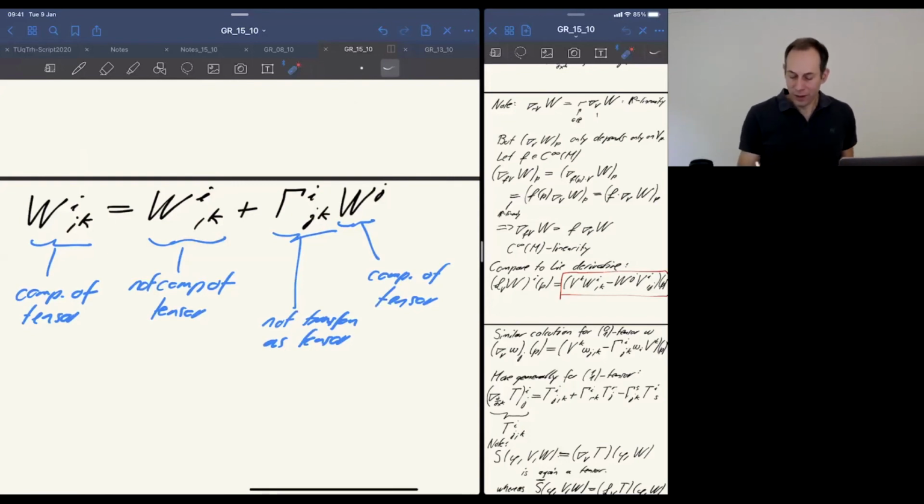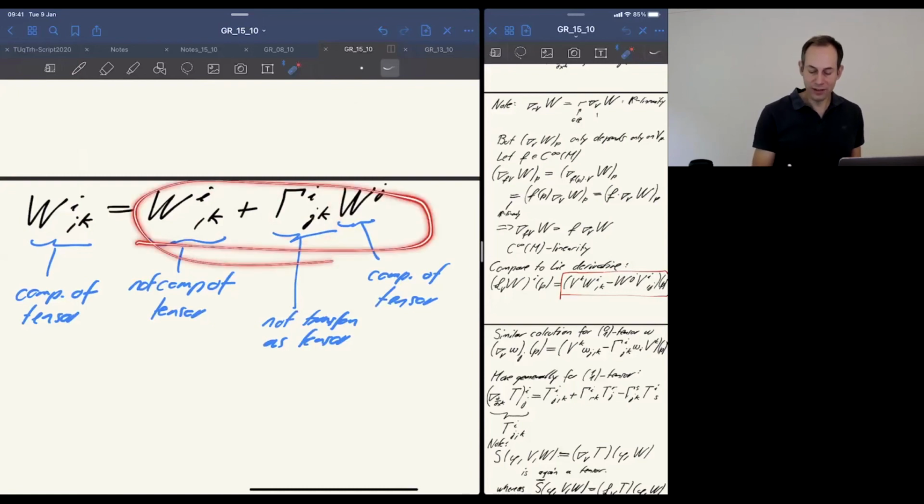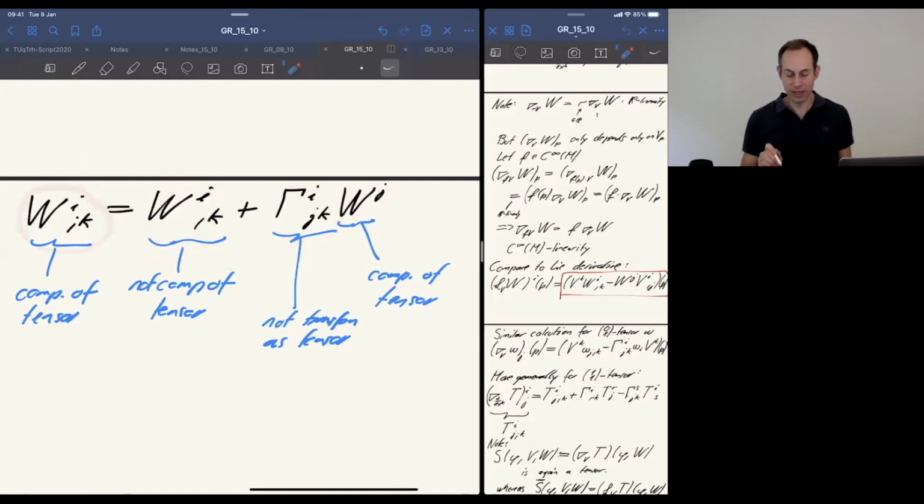On the other hand, these gammas are also not, but the combination of them are again. So the left-hand side is something that is chart independent, because they are the components of a vector. And so we found essentially the way we can separate it into things that are kind of easy to deal with in a chart, namely the partial derivatives, which would be the wrong thing, but we saw the correction here.